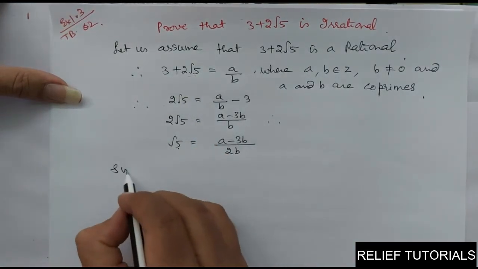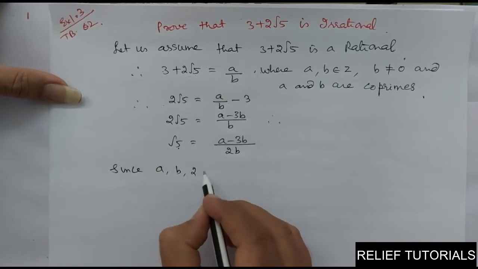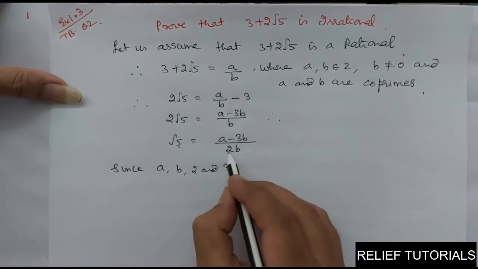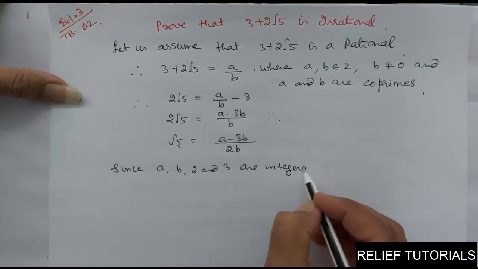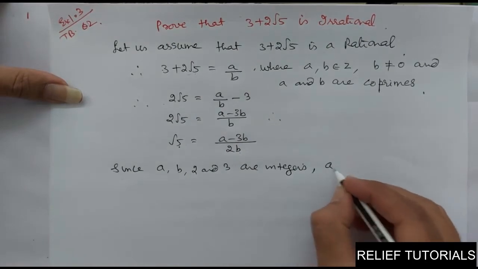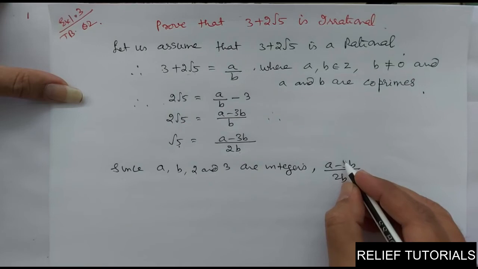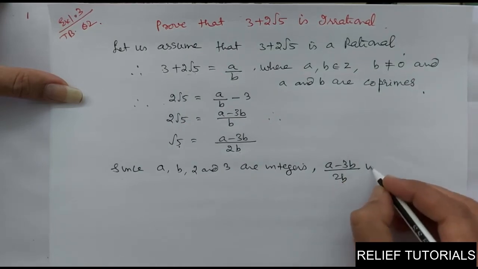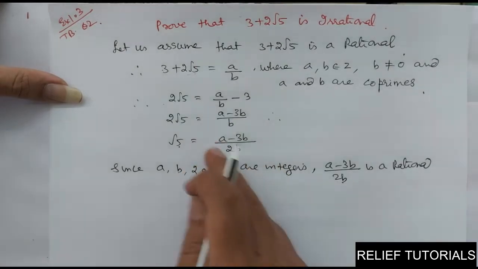Now since a, b, 2 and 3 are integers, we can say a minus 3b is also an integer, 2b is also an integer. So in p upon q form we can say this is rational. So this is rational.